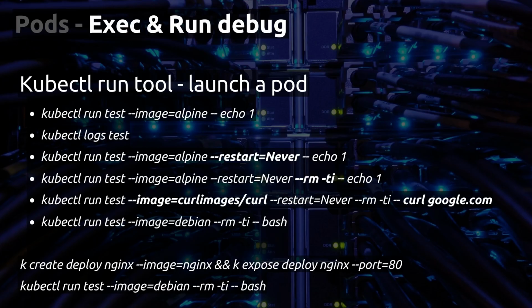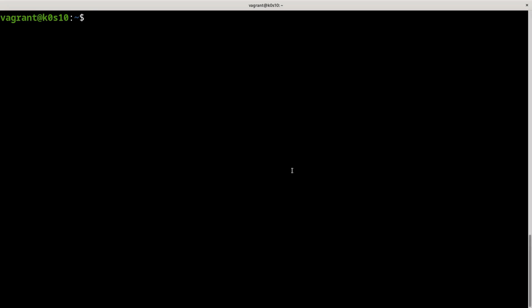Now you may say that we don't want the crash loop back off, and to do that we just set --restart=Never to never restart the pod. So I can delete the previous pod with kubectl delete pod and the name of our pod.